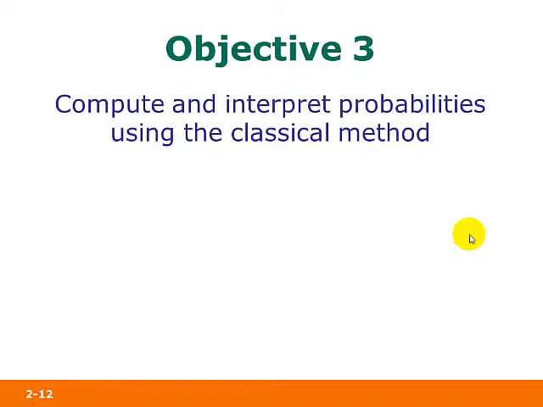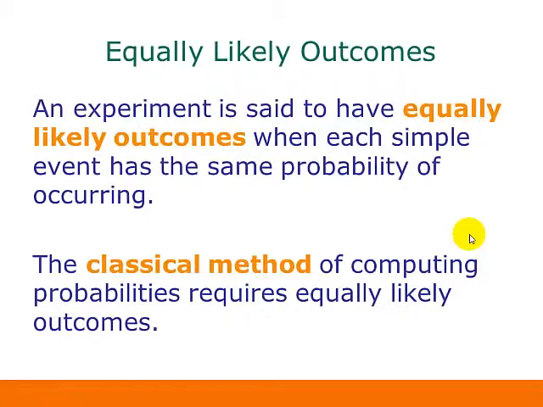Objective 3 in this section is to compute and interpret probabilities using the classical method. An experiment is said to have equally likely outcomes when each simple event has the same probability of occurring. And the classical method of computing probabilities requires that we have equally likely outcomes.